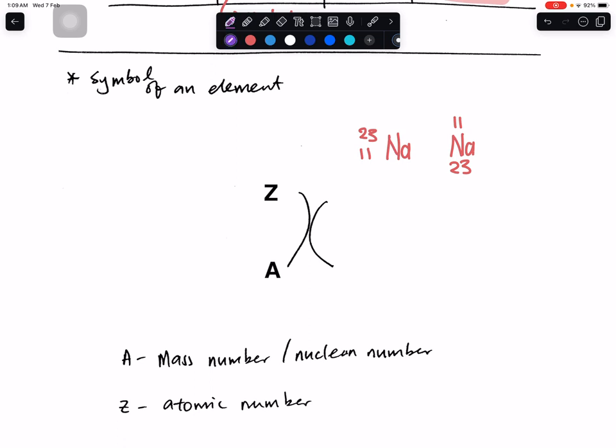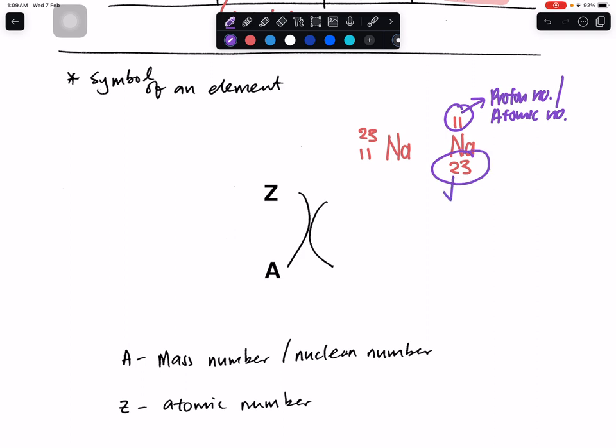Apart from hydrogen, all elements will have a bigger number and a smaller number. The smaller number will always represent the proton number, sometimes called the atomic number. This number tells you the number of protons only.